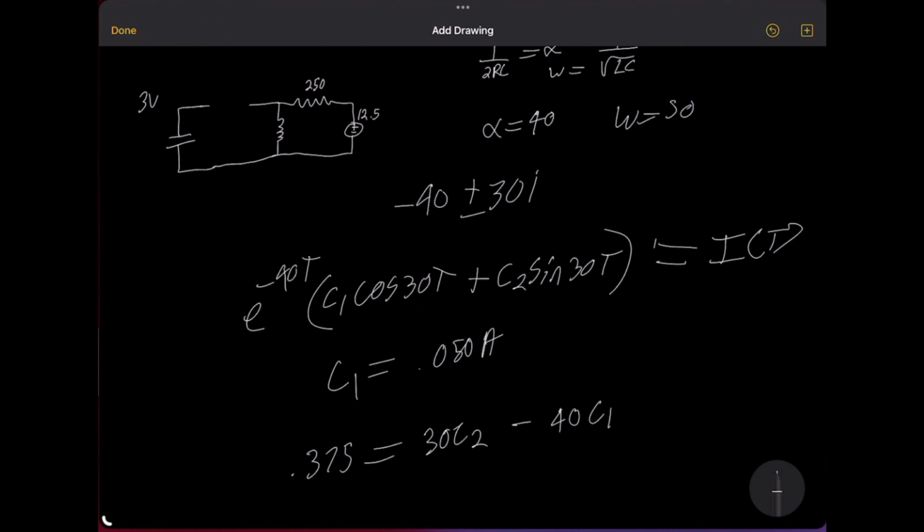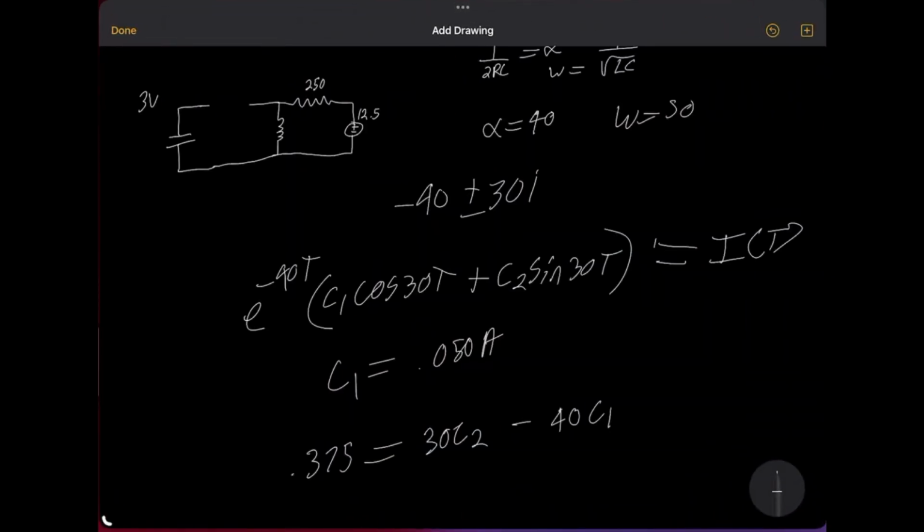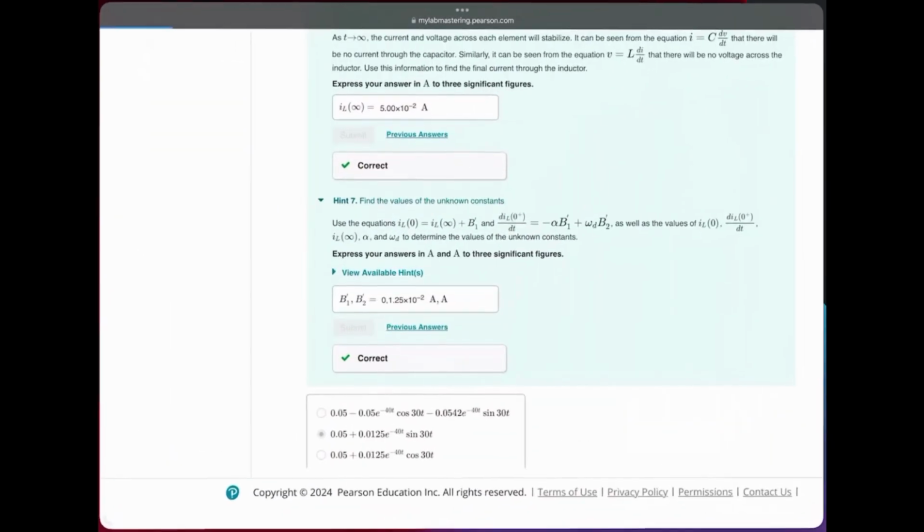0.375. Let me see. Hold on. Alright, my mistake. When it comes to finding this first constant, I naught, you set it up as the following. I naught is equal to I final minus, or is it minus C1 or plus C1?